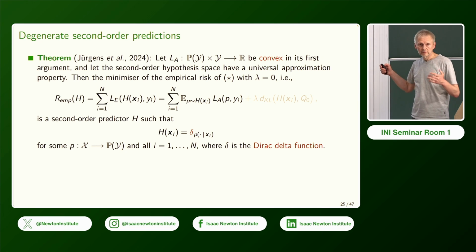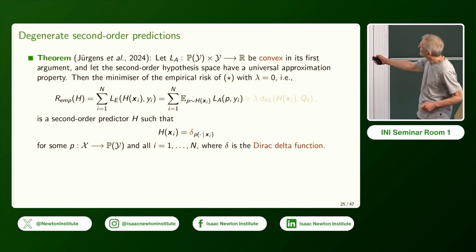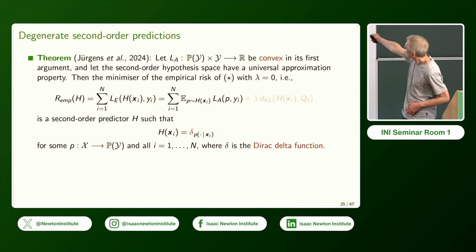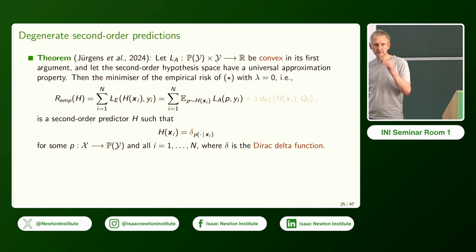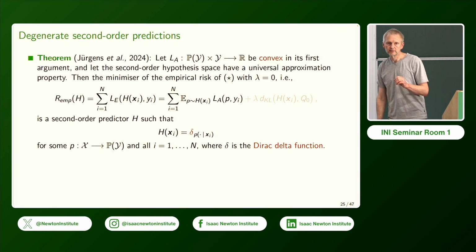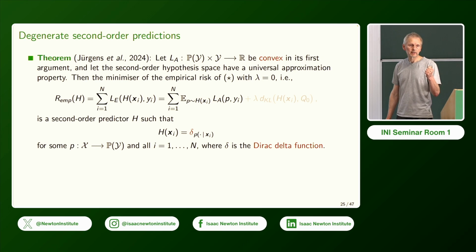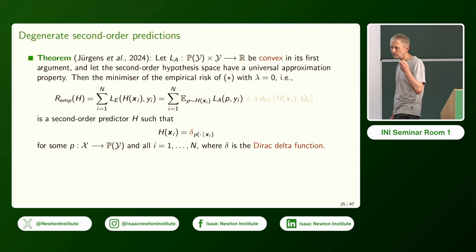But for the common case where the first order loss LA is convex, this is one special case where you can make a more concrete statement about what will happen and in which way the learner will deviate from the Q it believes, so to say.